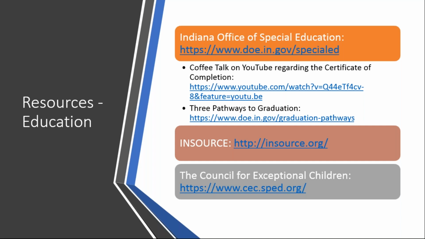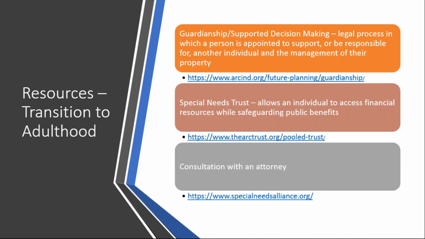There's an excellent organization in Indiana called InSource, where families can get connected with advocates who also have children who've been through special education to learn more about how they can navigate the special education system. And then also the Council for Exceptional Children is a national organization that provides information about special education.